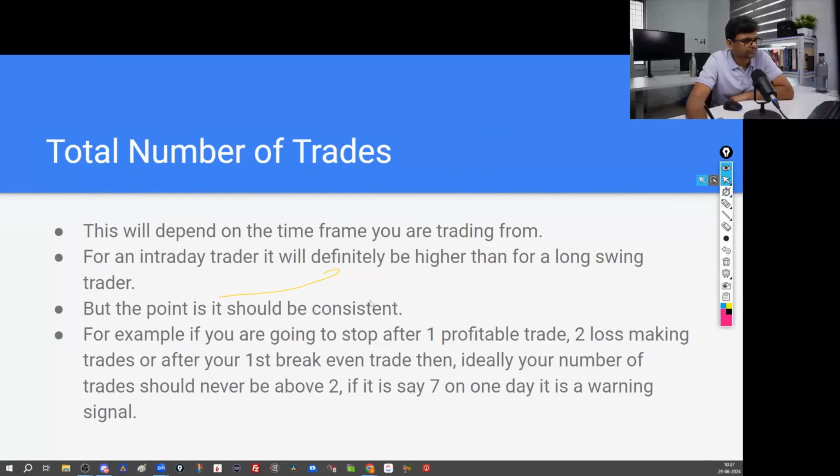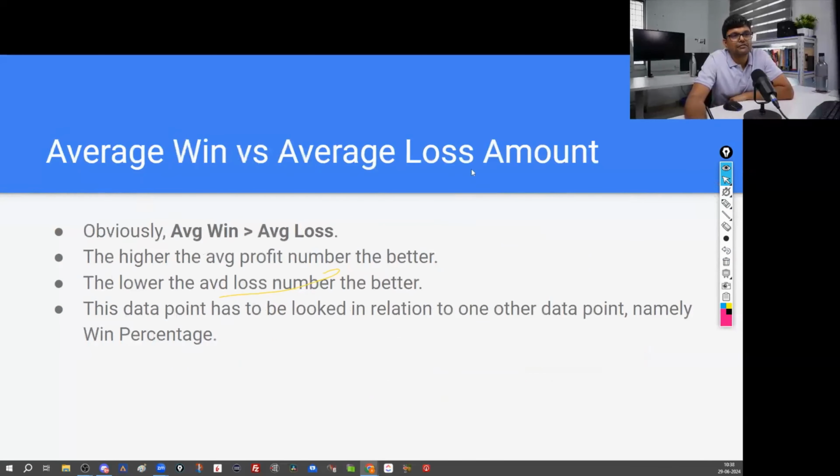Okay. Average win versus average loss amount. All right. Now, obviously, you need to have your average win much greater than your average loss. Right? It's like a no-brainer. It's common sense. If your average win is greater than your average loss over a long period of time, you will make money.